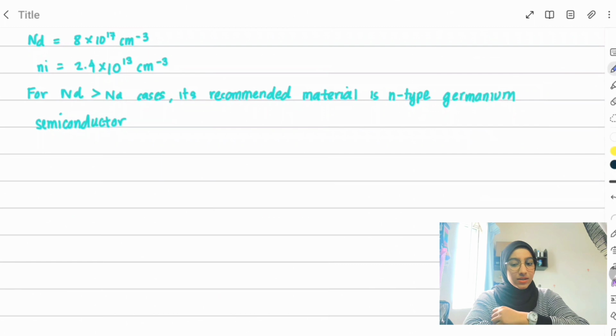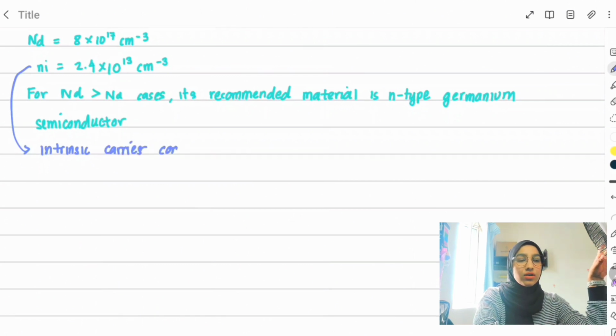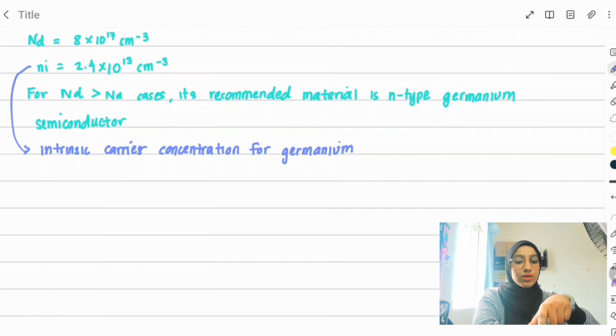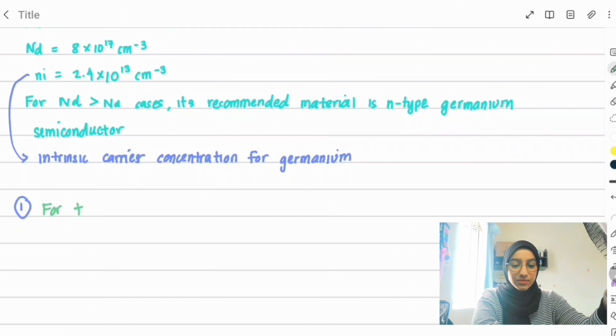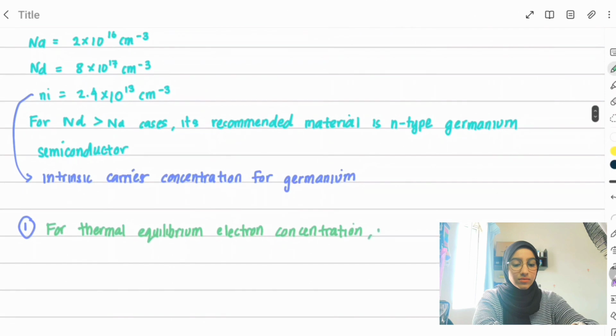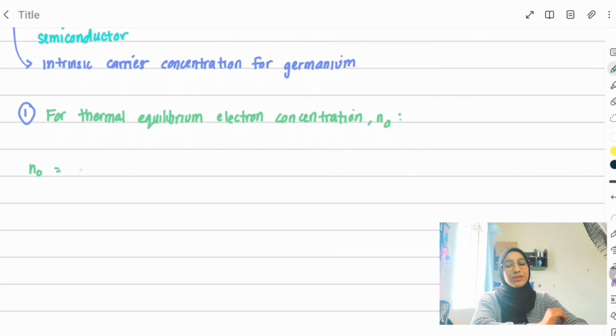Okay, so for the next step, I would be searching for the thermal equilibrium electron concentration. First, Ni is the intrinsic carrier concentration for germanium, which we got from the question. So for the thermal equilibrium electron concentration, N0, we'll be using this formula.